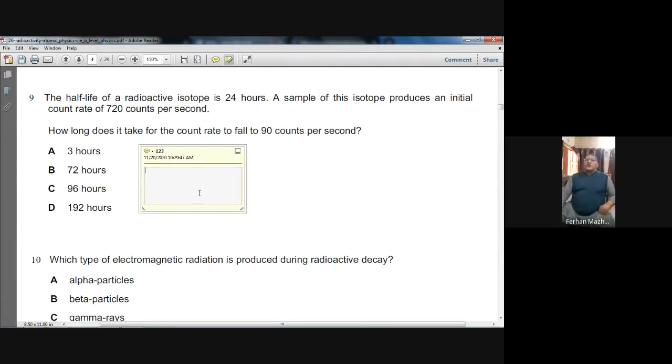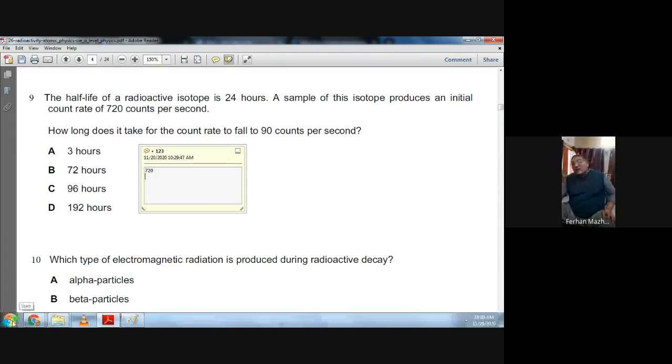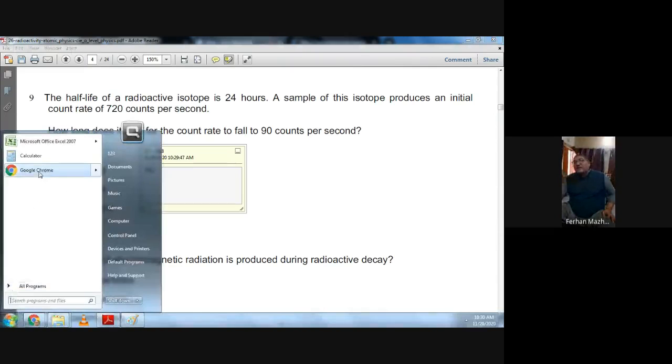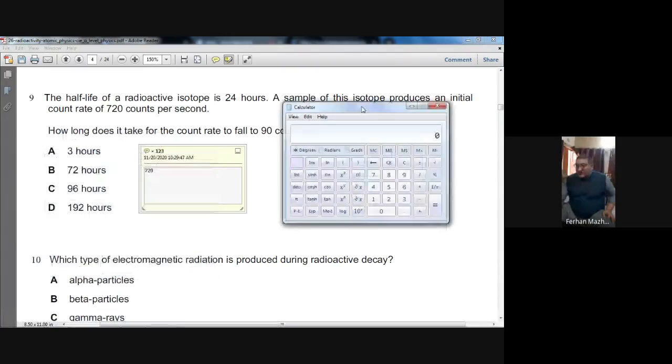Okay. So originally you have 720 count rate. When one half life passes, it will become half. So do you have a calculator with you? Okay. So take your calculator out and we will do the calculation. 720, after one half life, it will become half, so it will become 360.